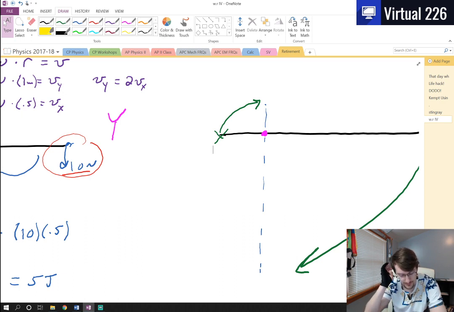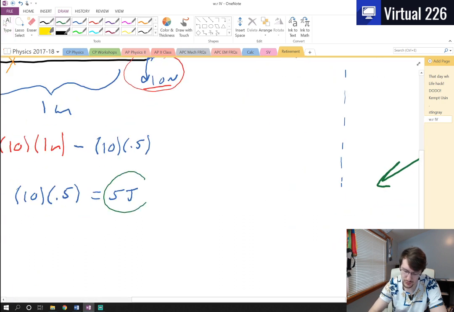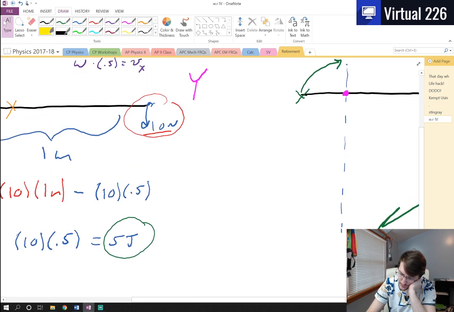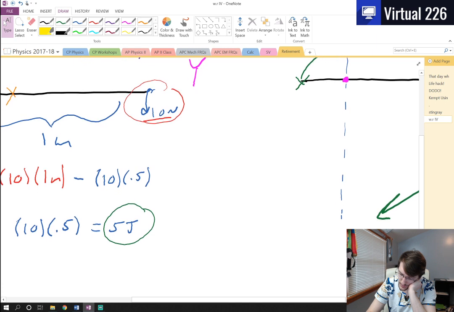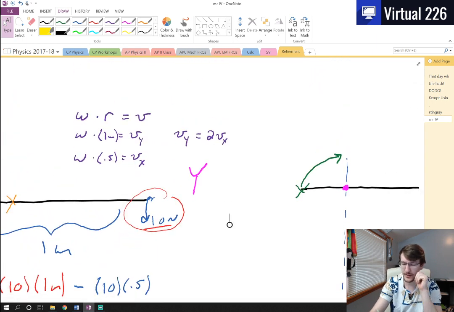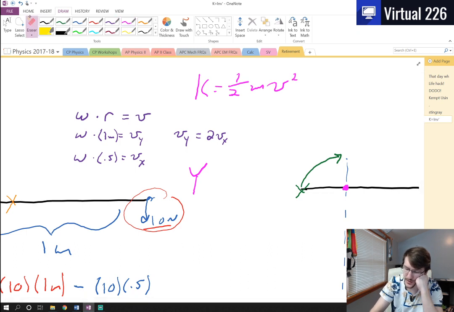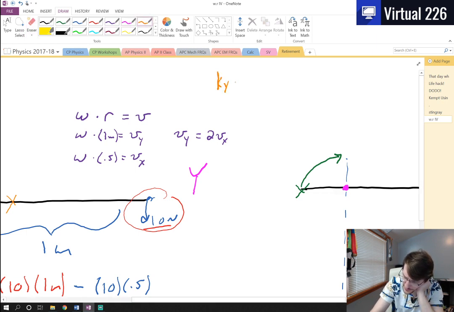So if our total amount is 5 joules of energy, if Vy is twice that of Vx, then if we think about kinetic energy as being 1/2 mv squared, then what we can say is, assuming the masses are the same, which they are, the kinetic of y and the kinetic of x, because the 1/2s and the m's are the same, we don't care.